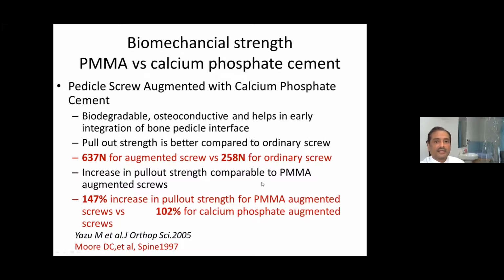The biomechanical strength of a calcium phosphate augmented screw is around 100% more than the normal screw. However, the screw augmented with PMMA has been found to have 147% more than the normal screw. So both calcium phosphate augmented and PMMA augmented screws have a significant improvement in the pull-out strength of the screws.